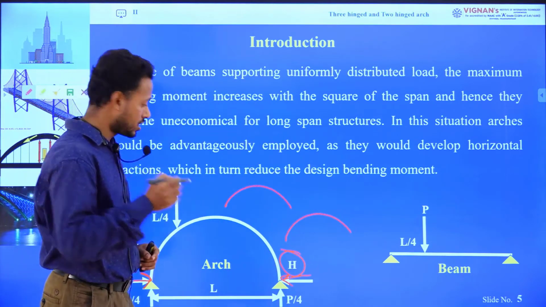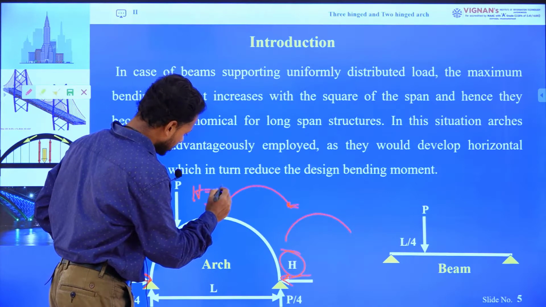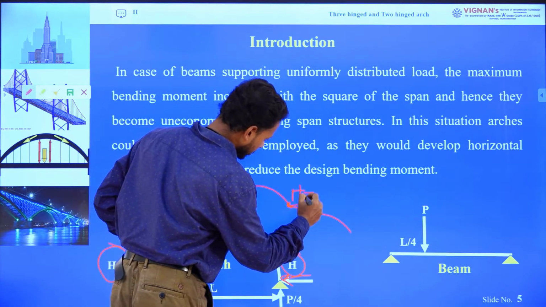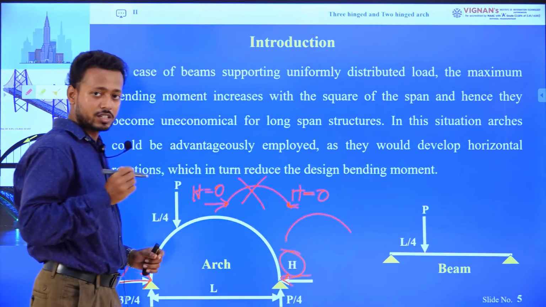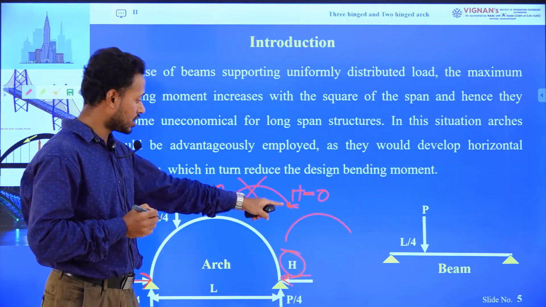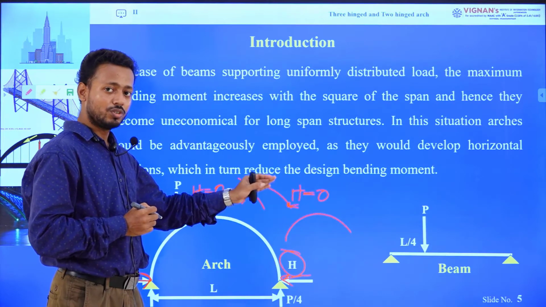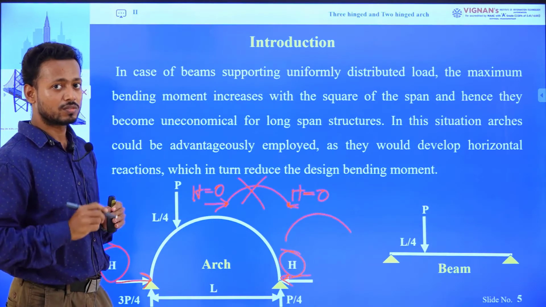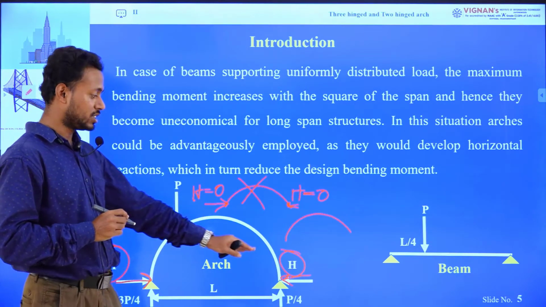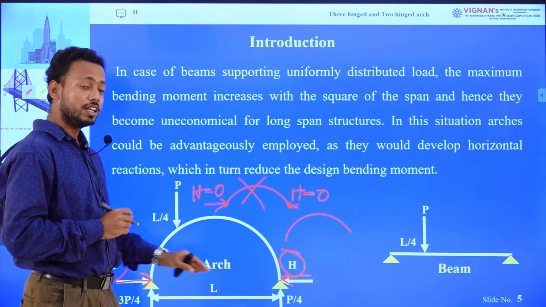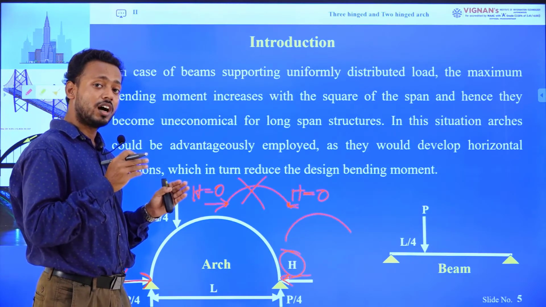An arch structure with zero horizontal thrust will not be called an arch structure, right? This looks like an arch, but it has no horizontal thrust, so it is not at all an arch structure. To make it an arch, the horizontal thrust must be significant so that it can resist the vertical deflection. This is called arch action.